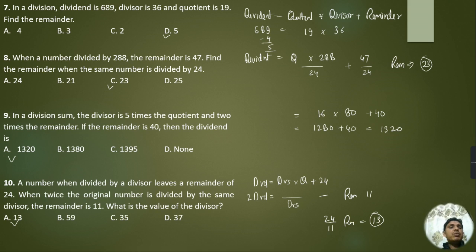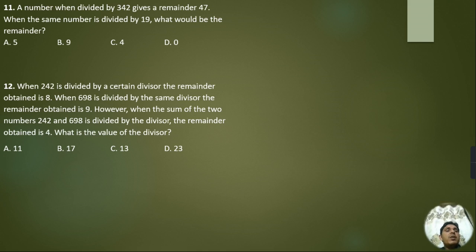Okay. Coming to the next question: a number when divided by 342 gives a remainder 47. Let us suppose this is the dividend, divided by 342, that means the divisor is 342, and the quotient is q, and the remainder is 47.